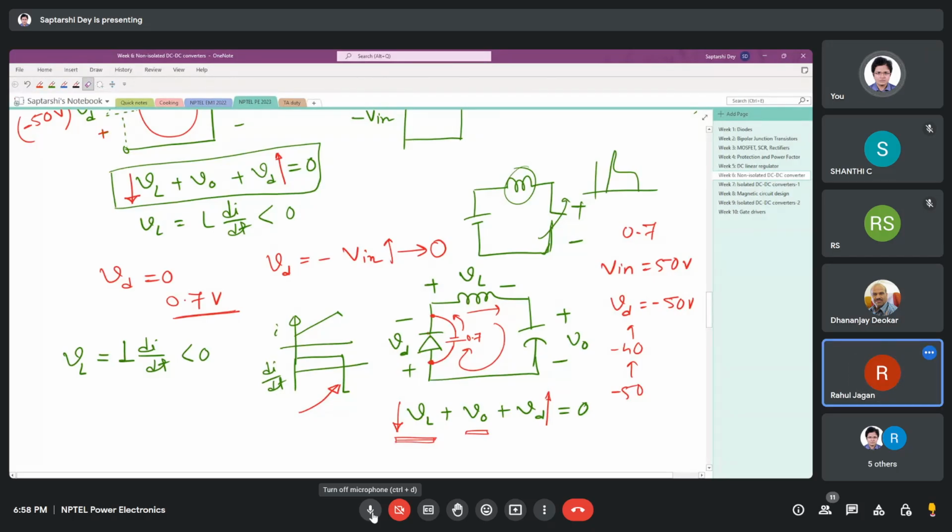So basically the inductor current is forcing the diode to turn on. It is suddenly applying a high voltage across the diode to force it to turn on. But the diode does not need that high voltage to turn on. As soon as the voltage is 0.7, it turns on.